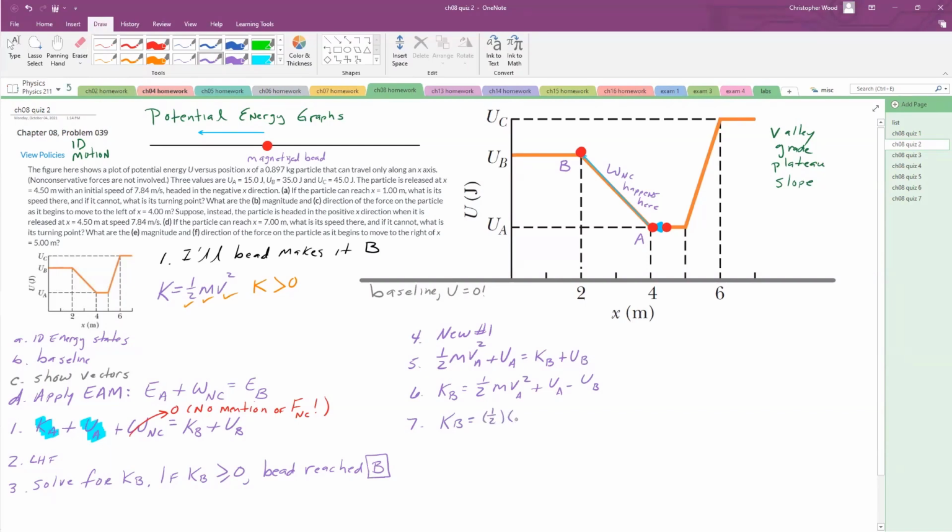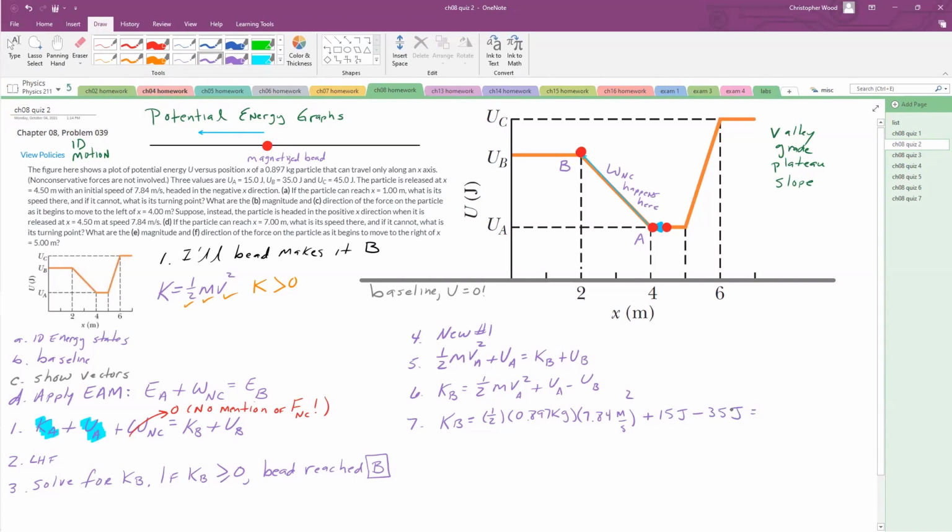My mass is 0.897 kilograms, that was given to you, times velocity at A, that's given, 7.84 meters per second, squared. That's 1/2 mv_A squared plus U subscript A. U subscript A is 15 joules minus U subscript B, which is 35 joules, according to my numbers.